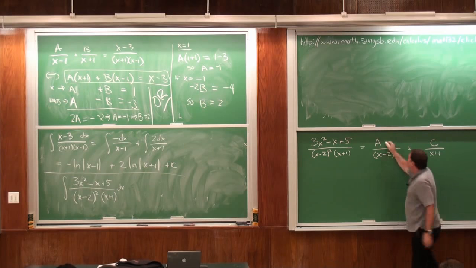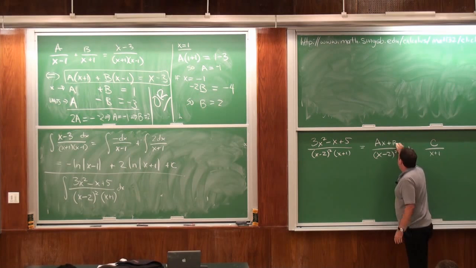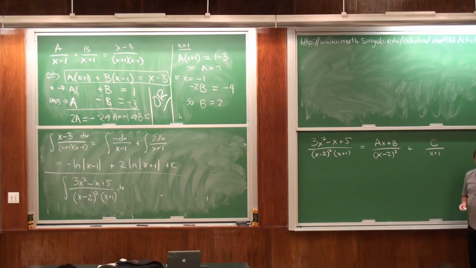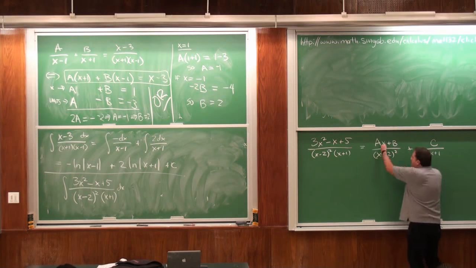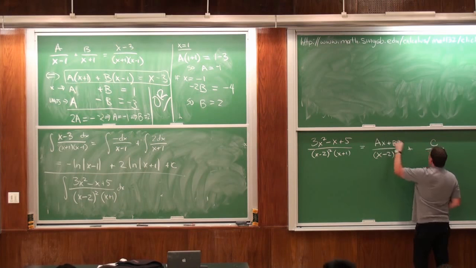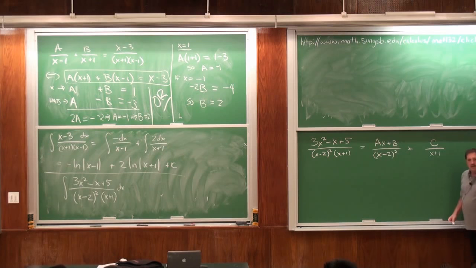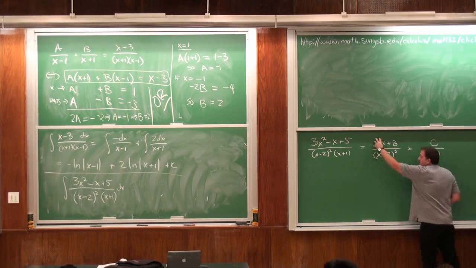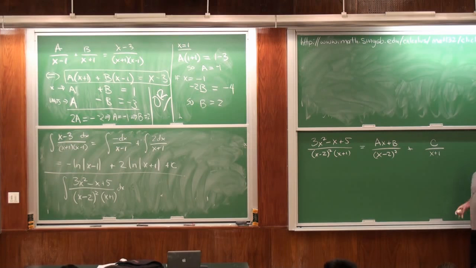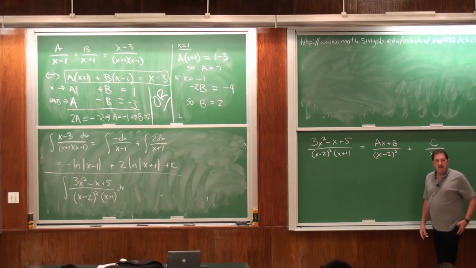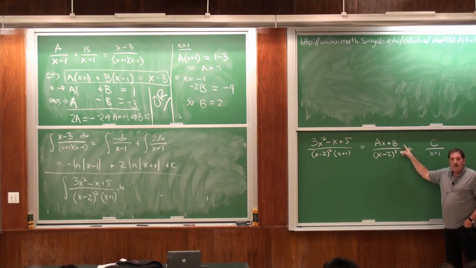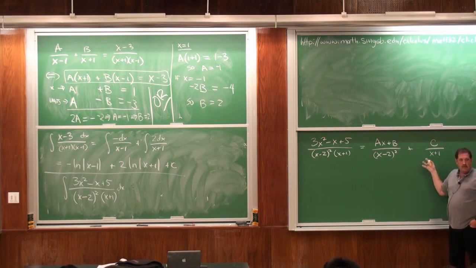So I need a slightly more complicated numerator here so that I have the full freedom to vary the coefficient of x. Well, this is really the coefficient of x squared and the coefficient of x. Because when I cross multiply, this one gets a quadratic term, this one gets a linear term, and I lose out on the freedom. I need 3 things to vary because I have a cubic polynomial, so I need 3 degrees of freedom.